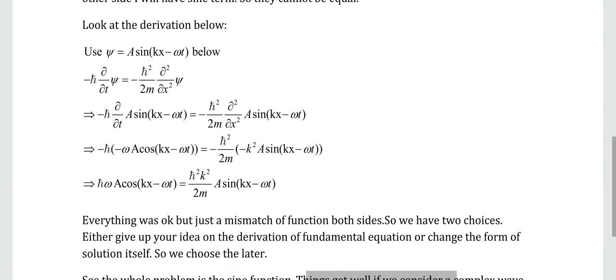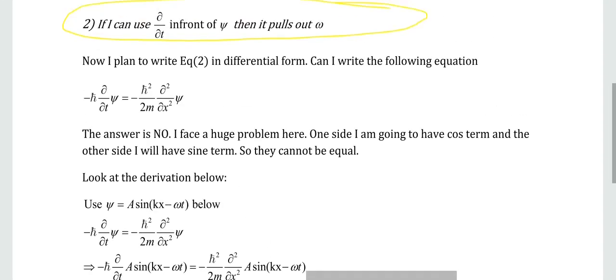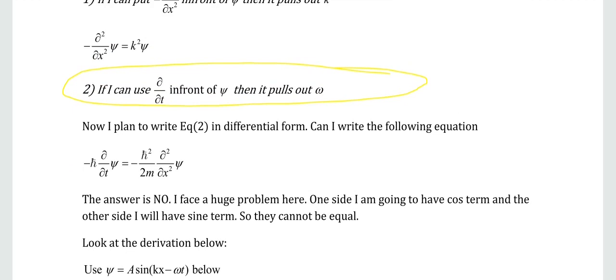But the problem is that d by dt acting on psi changes the sine function into a cos function. That's another problem.